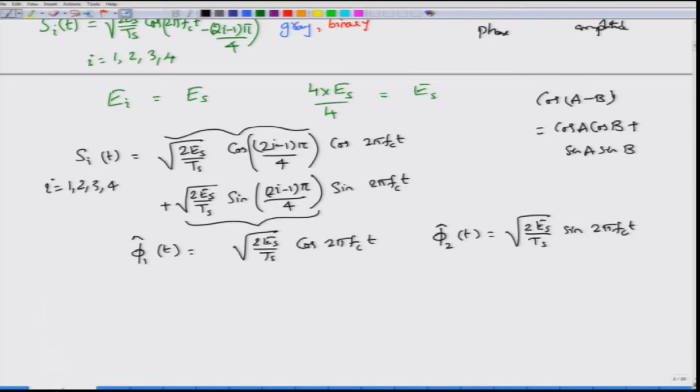You can easily prove that because Fc is an integral multiple of 1 by Ts. Because of this, these two are orthogonal to each other, and I can write Si of t as cos (2I minus 1) pi by 4 multiplied by phi 1 hat of t plus sin (2I minus 1) pi by 4 phi 2 hat of t.